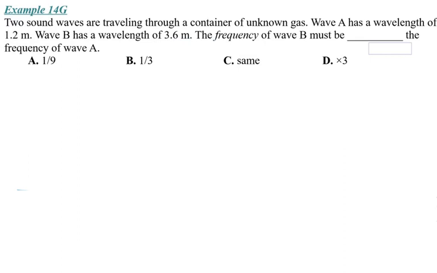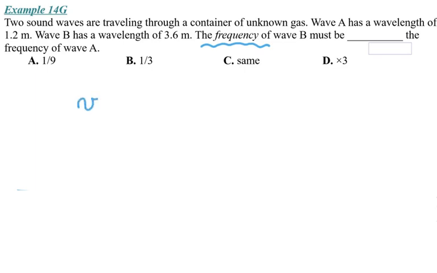I thought we should look at these tricky questions. So here's another one. 2 sound waves are traveling through a container of unknown gas. Wave A has a wavelength of 1.2 meters, B has 3.6 meters. Their frequency. So the frequency depends on the source, and they have the same velocity, but they have different frequencies and wavelengths.